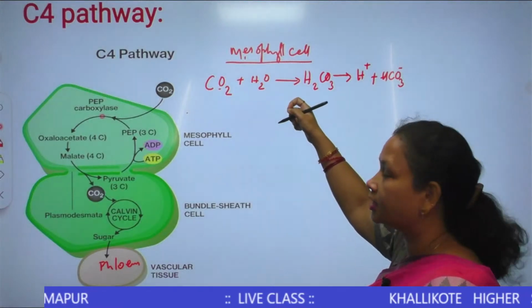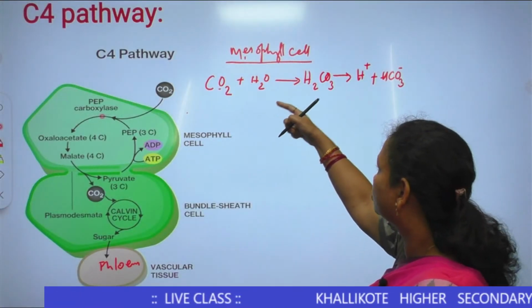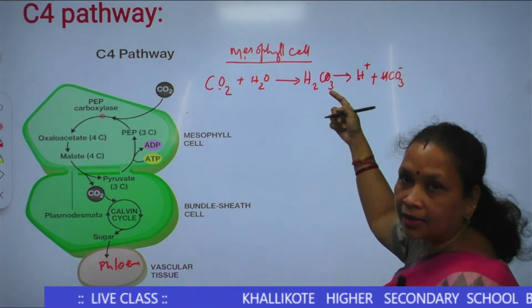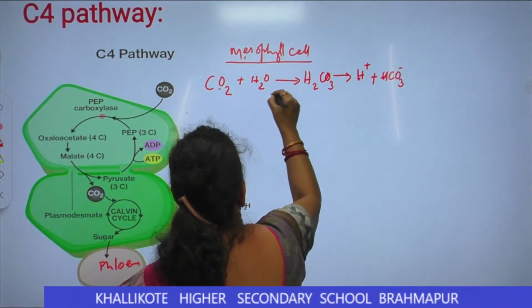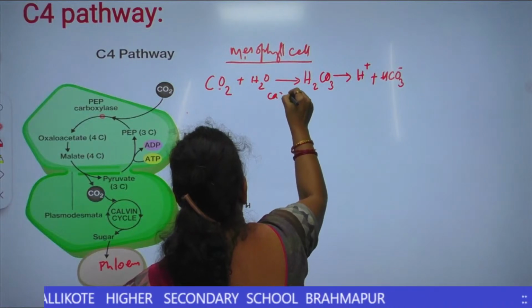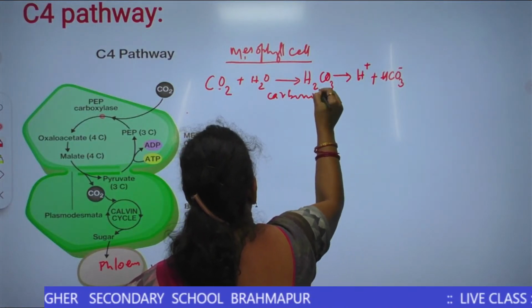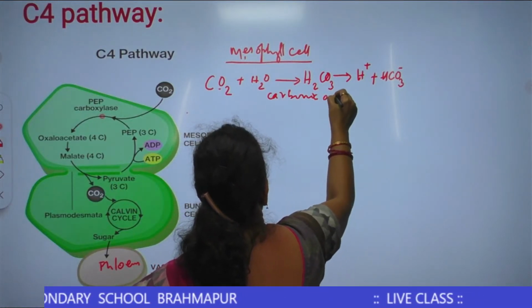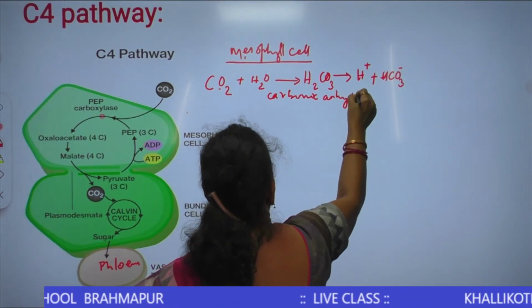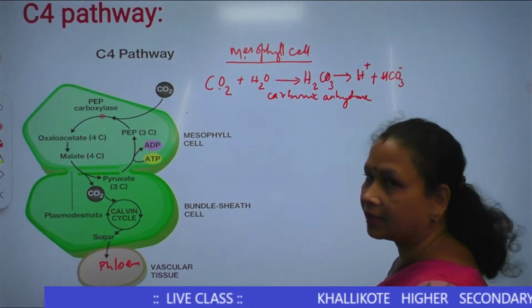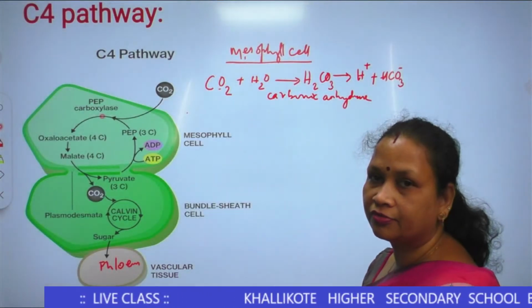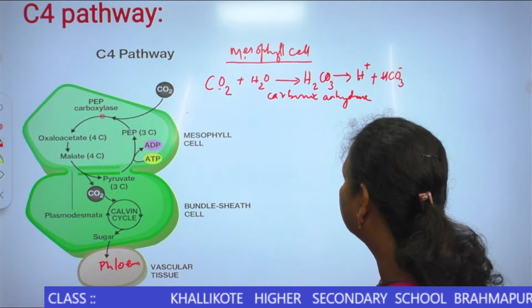So, carbon dioxide is now combined with water to become carbonic acid in the presence of the enzyme carbonic anhydrase. Carbonic anhydrase is one of the fastest enzymes that is seen.